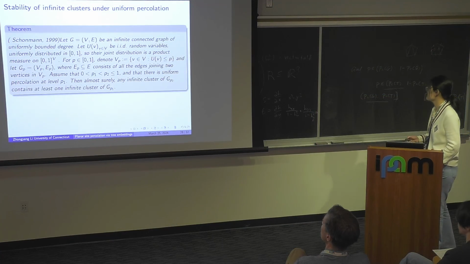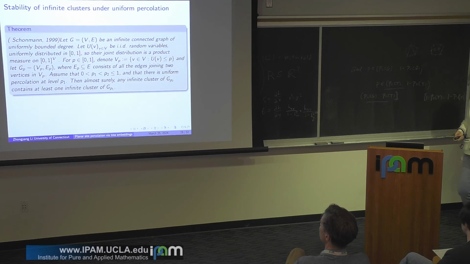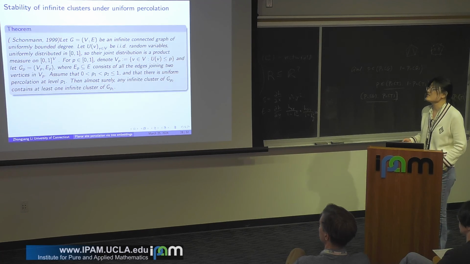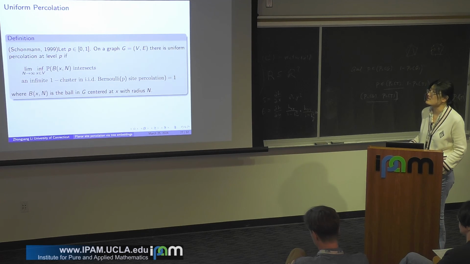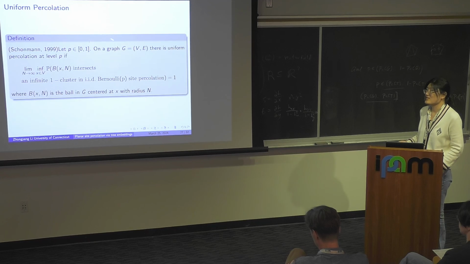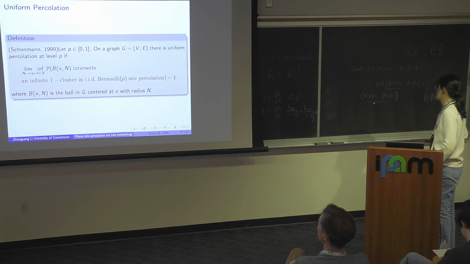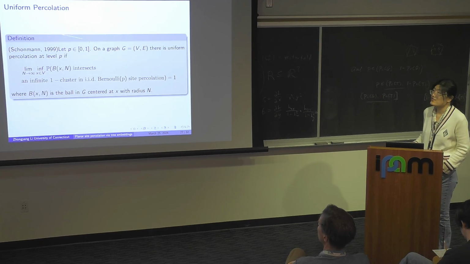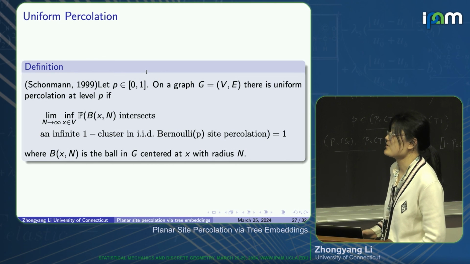But recall that what we are going to do is when P is relatively large, much larger than PC. And then we have an embedded tree. Instead of using the original version of uniform percolation, which considers the intersection of a ball with the infinite cluster, we can consider the intersection of the embedded tree with the infinite cluster, because our P is always greater than PC of T. So we can consider the subtree of depth n.